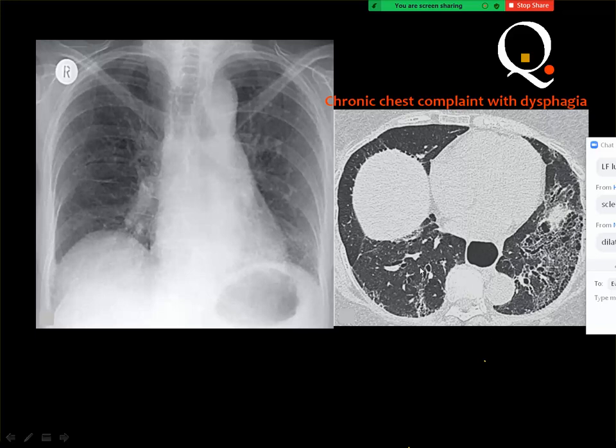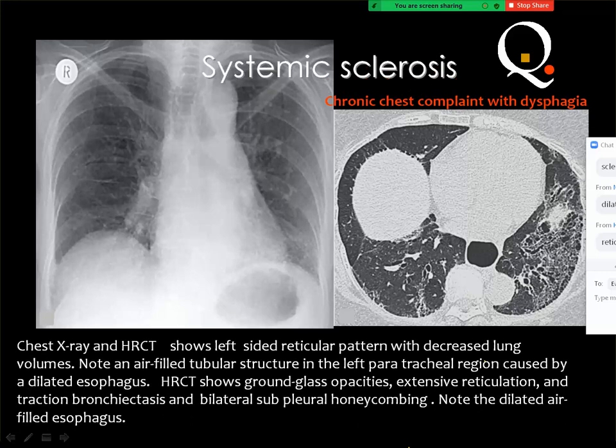But from the CT scanning, you got the marked dilatation of the esophagus, which is atonic, as well as the changes of pulmonary fibrosis, which is associated usually with these disorders, connective tissue disorders. And the diagnosis is right, scleroderma with interstitial lung fibrosis.